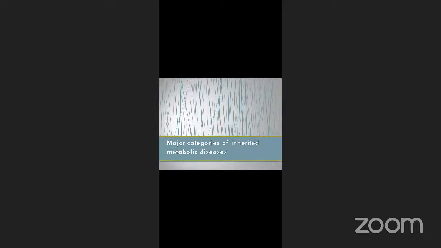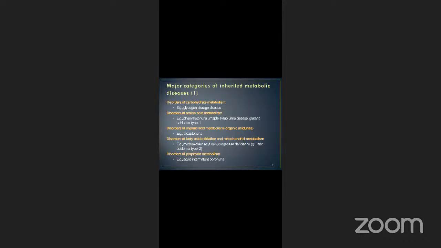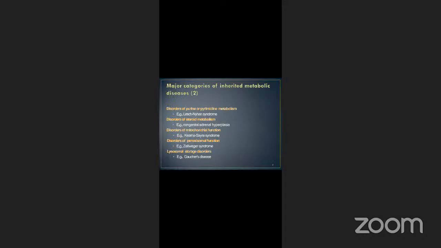The major categories of inherited metabolic disorders are disorders involving carbohydrate metabolism, amino acid metabolism, organic acid metabolism, fatty acid oxidation and mitochondrial metabolism, porphyrin metabolism, purine or pyrimidine metabolism, steroid metabolism, mitochondrial function, peroxisomal function, and lysosomal storage disorders.